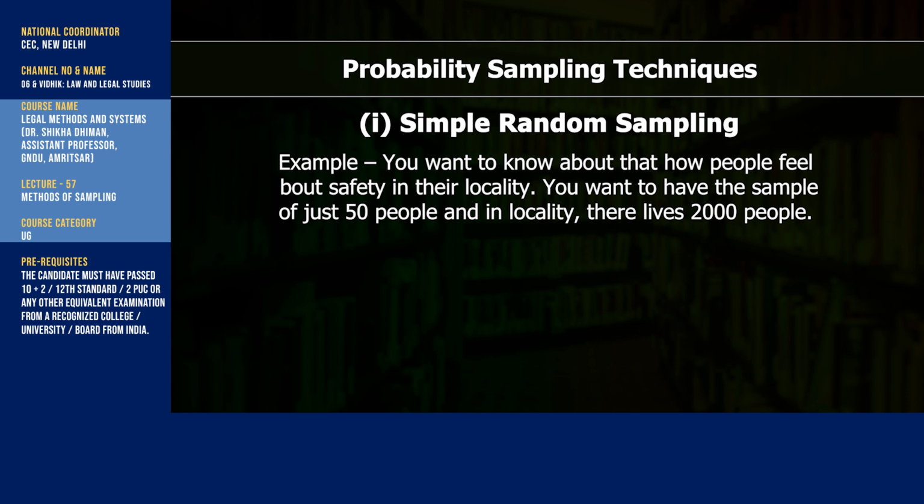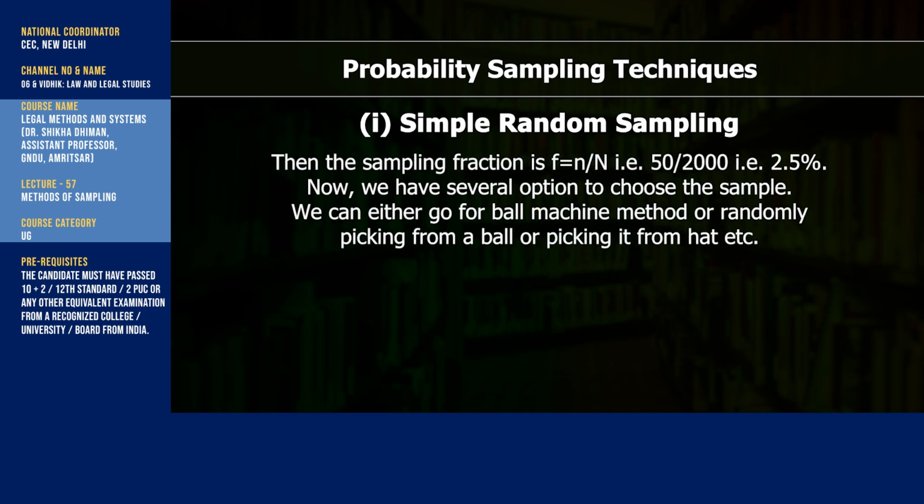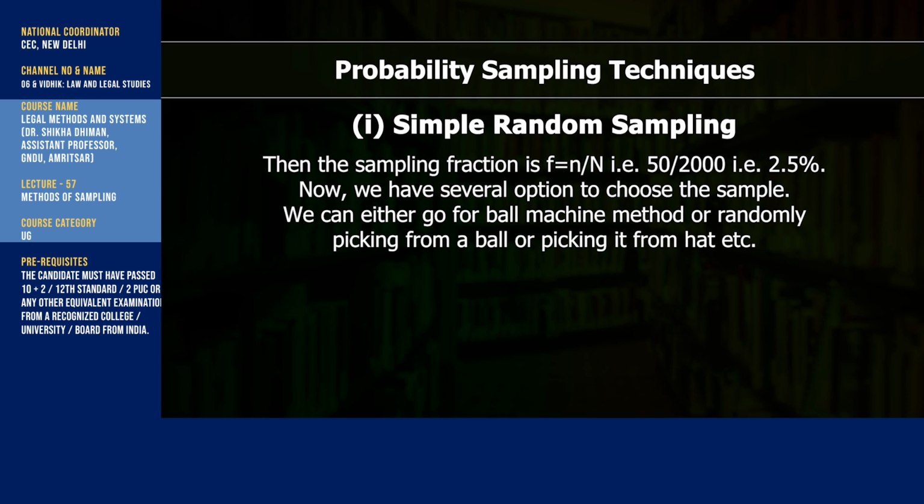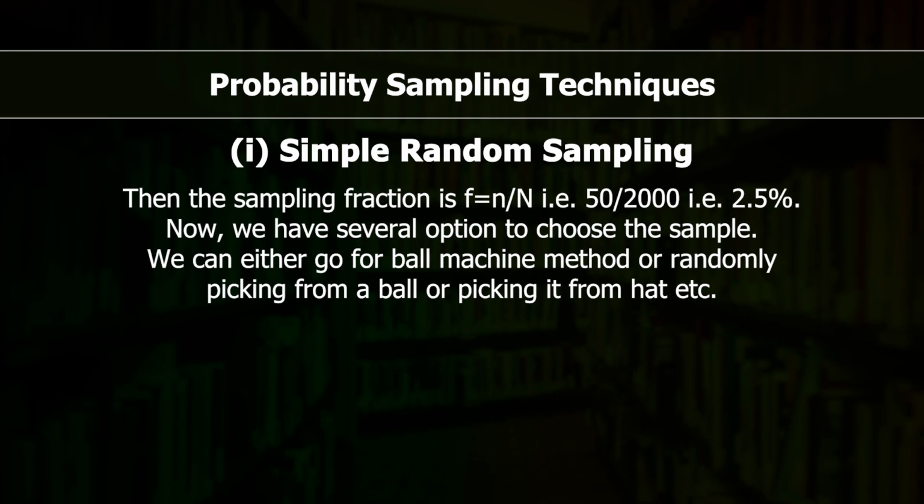You want to have the sample of just 50 people in the locality, and there live 2000 people in the locality. Then the sampling fraction will be 50 divided by 2000, and it comes out to be 0.025, or 2.5 percent. Now, we have several options to choose the sample. We can either go for ball machine method, or randomly picking from a ball, or picking it from a hat, etc.